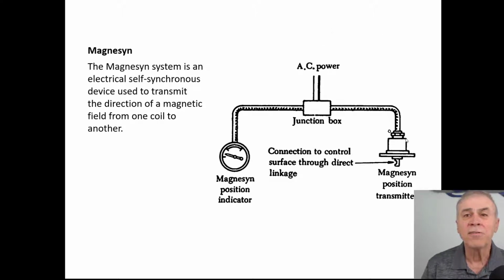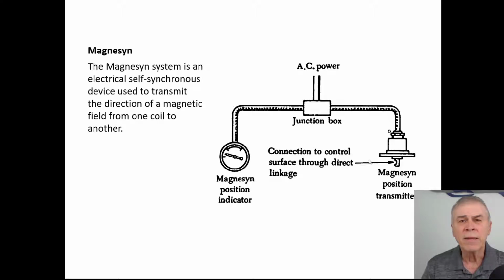This is an old diagram, from the old AC 65, the one the first generation of FAA certified mechanics studied out of. Magnesyn position transmitter. Now we pretty much show the transmitter on the left, but in this older diagram, it's on the right.